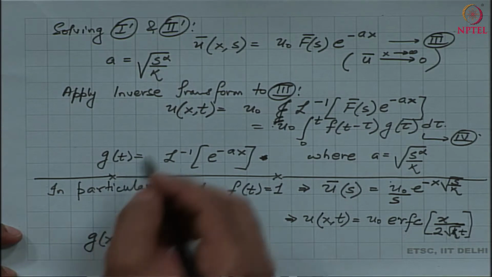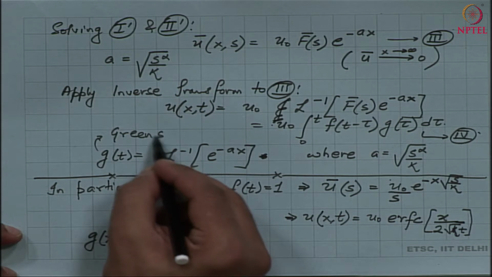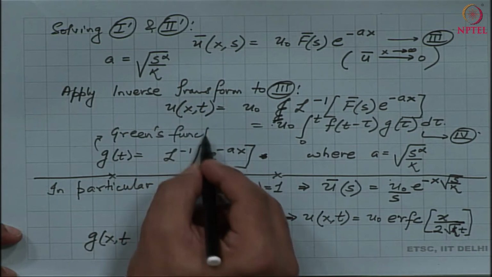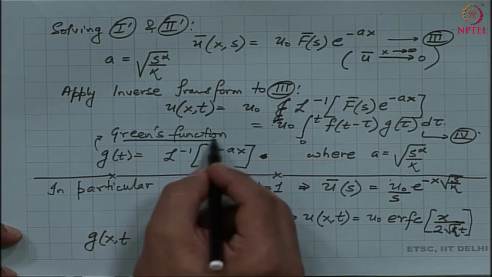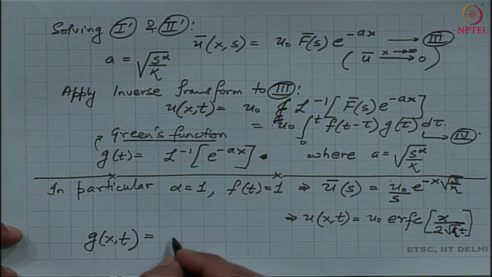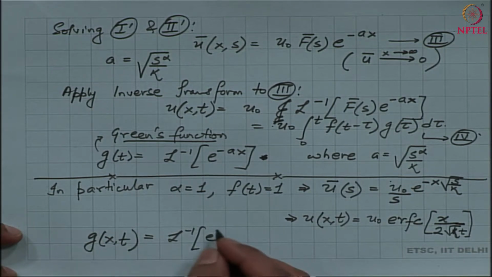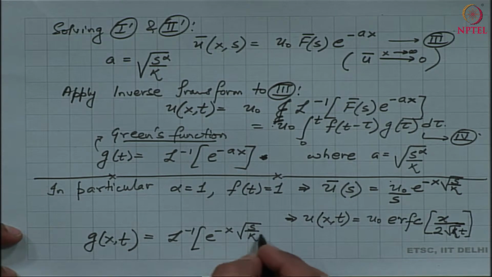So, this is the solution here, and further in this case I can write down my Green's function. So, notice that g is the Green's function in this semi infinite diffusion case. Okay. So, I can always write my Green's function. So, my Green's function is the Laplace inverse of e to the power negative x times square root s over kappa.